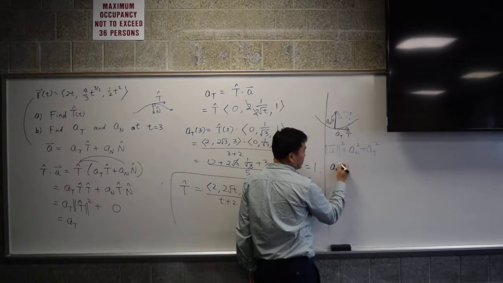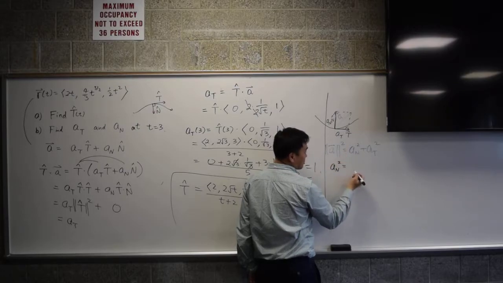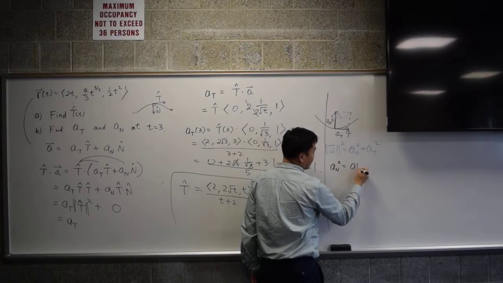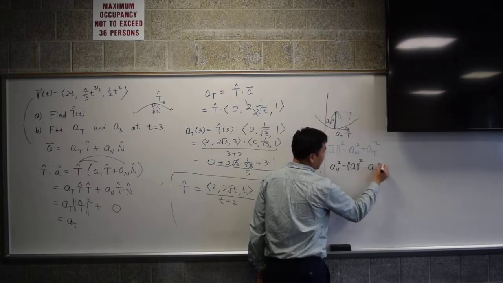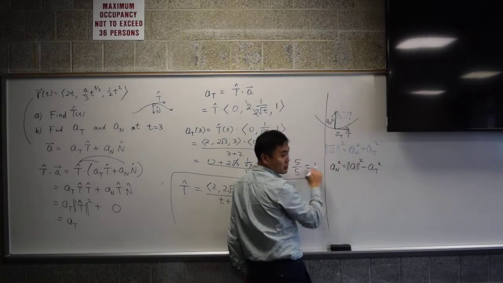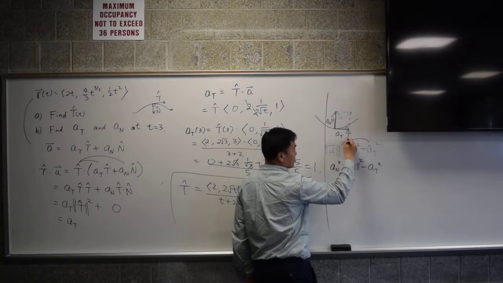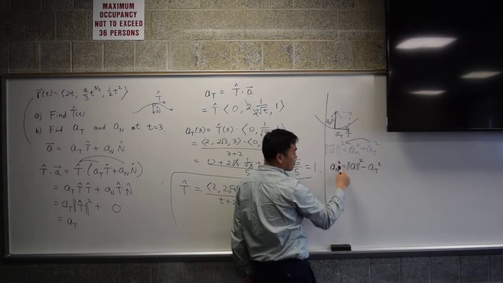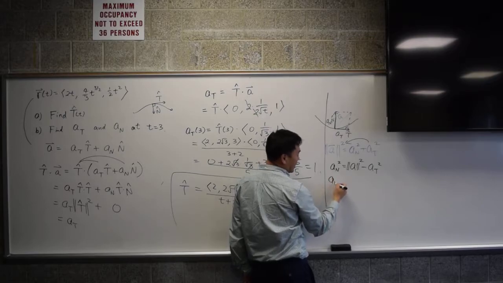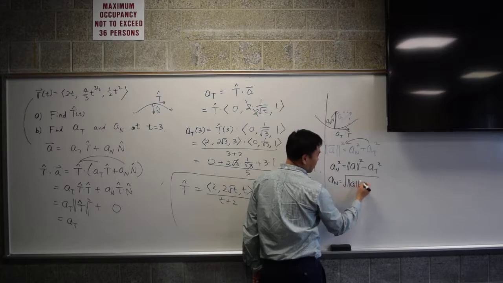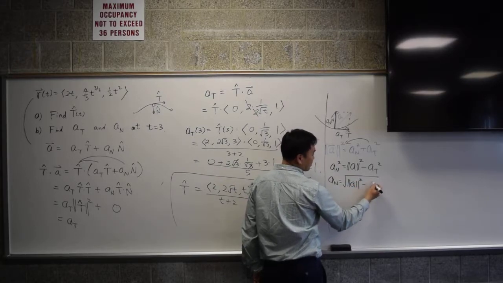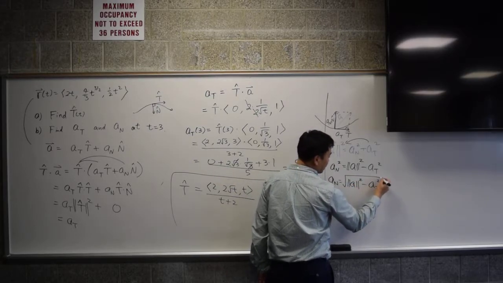Because an squared from this formula means it's the norm of a squared minus at squared, just by bringing this to the other side, making it a subtraction. And therefore, an is the square root of the norm of a squared minus the tangential component of a squared.